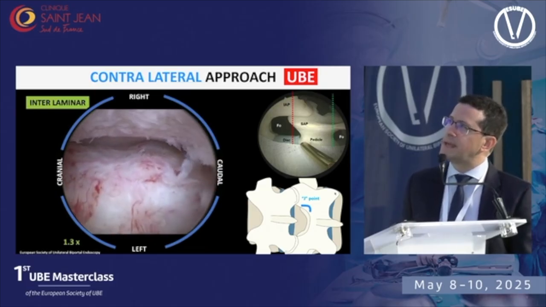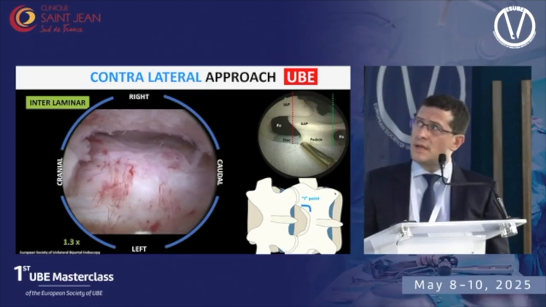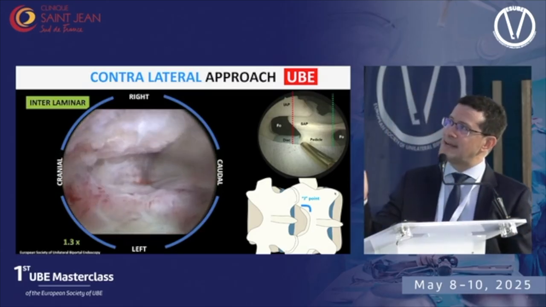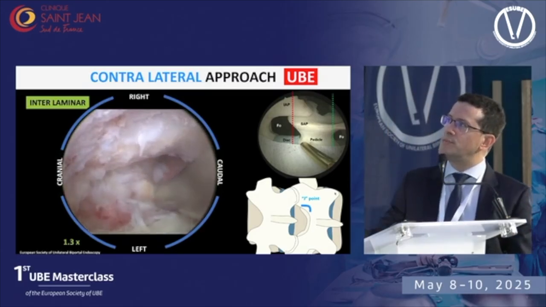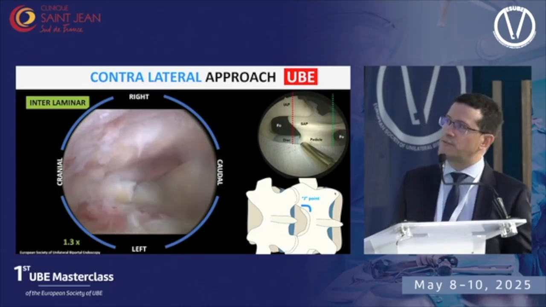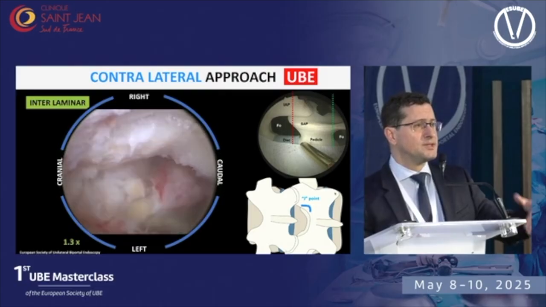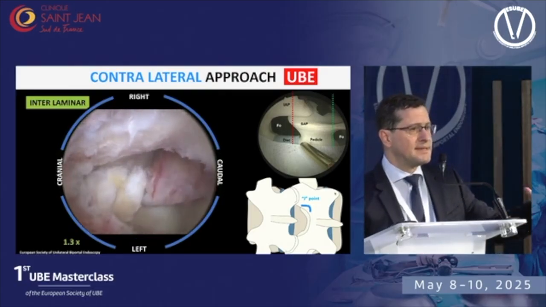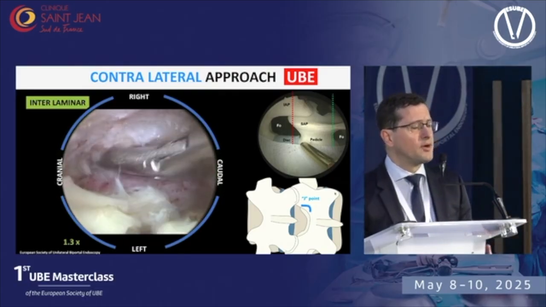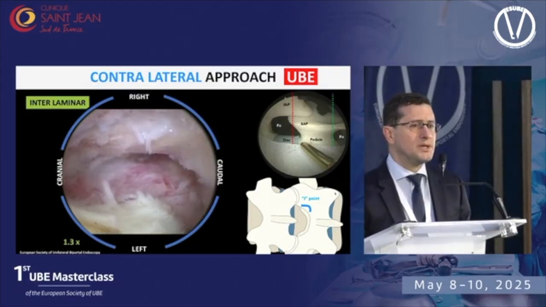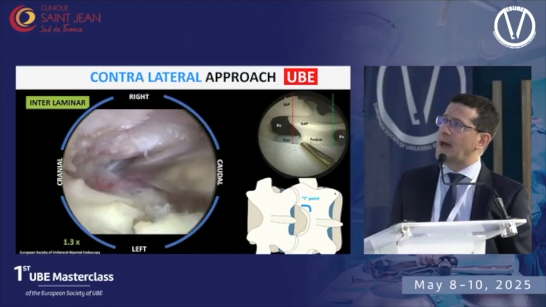This is a recurrent case of lumbar disc herniation. And now we can touch the pedicle and we can remove the disc. This is wonderful when we have a downward migrated lumbar disc herniation from the contralateral area, which is higher from the pedicle. So if you go ipsilateral, you have to drill too much of the lamina.